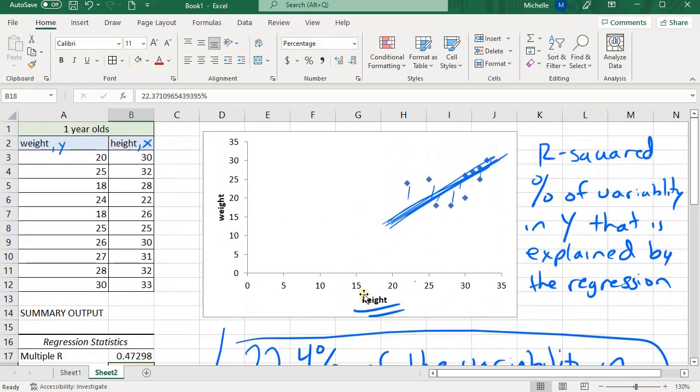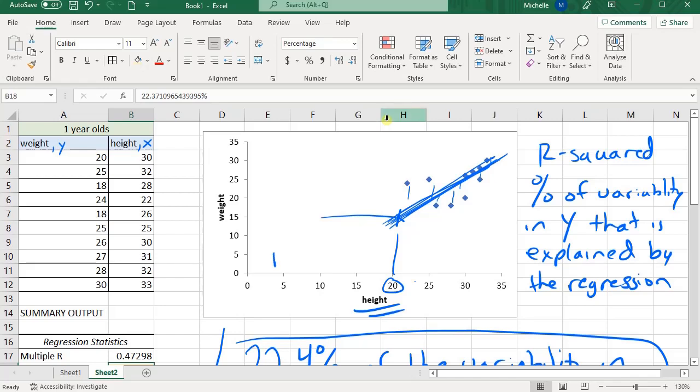Not really. Ideally, we want 100% of the variation in weight to be explained by our regression. That would be amazing. If all of my data lined up perfectly in a line, you could tell me the height of your child and I'll tell you exactly how much they weigh. That would be ideal.